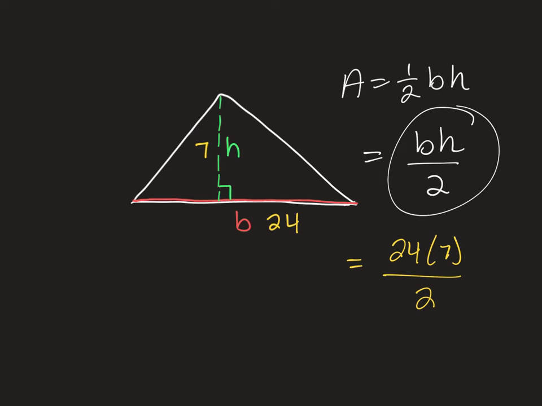So 24 times 7 is 168. And then divide that by 2, which is going to give you 84. Okay, so that's area of a triangle.